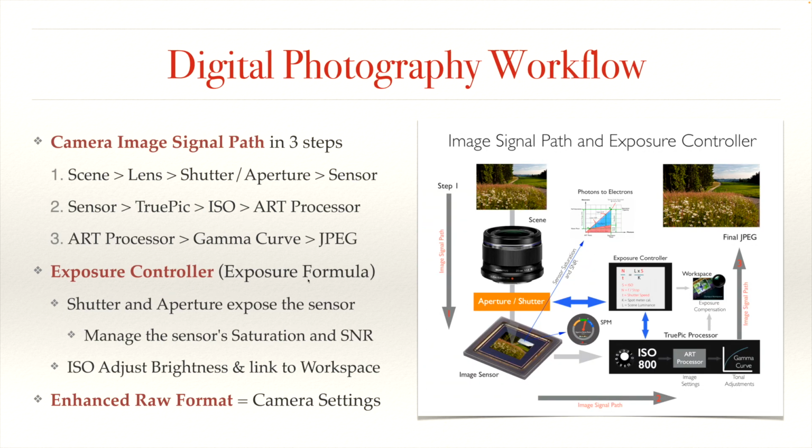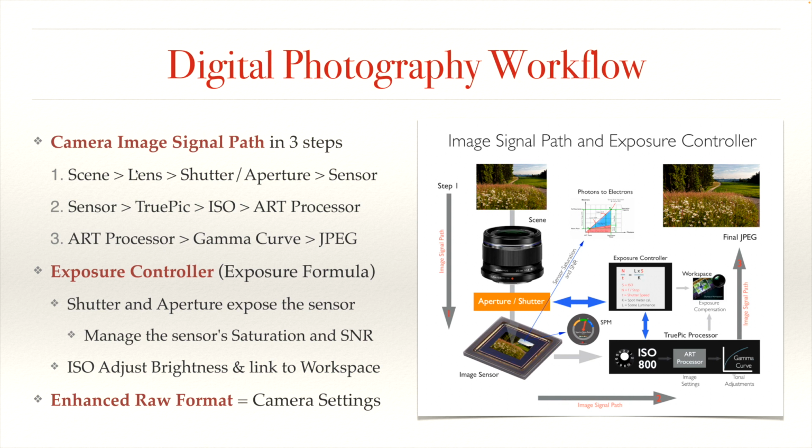Now we come to a more exciting part. Now that we looked at the scene, now that we understand the sensor, we look at the image signal path inside the camera. So it's happening in 3 steps. Step 1, step 2, and step 3, if you follow my cursor on the right.